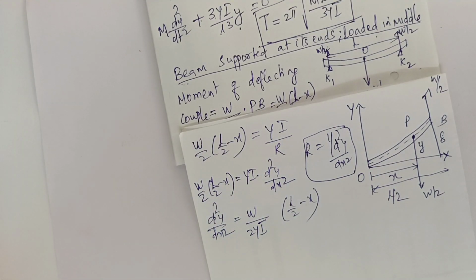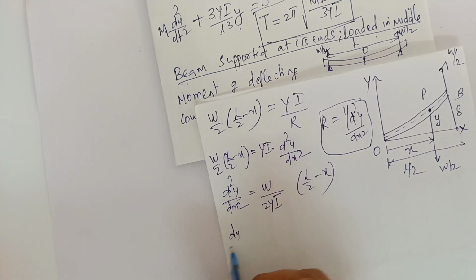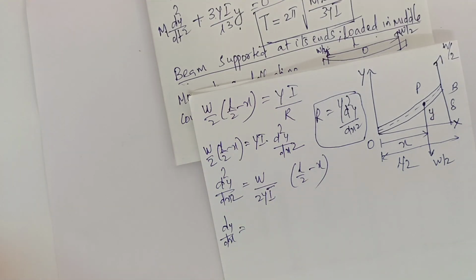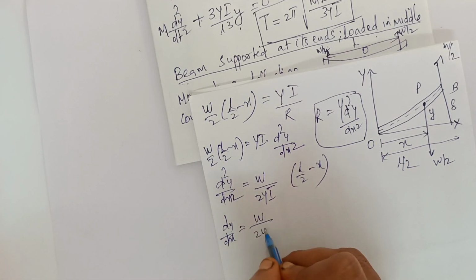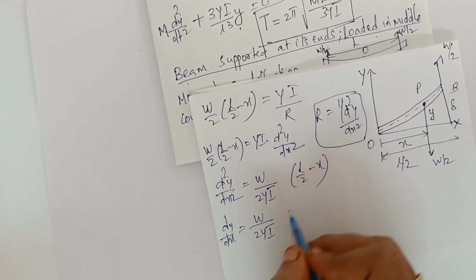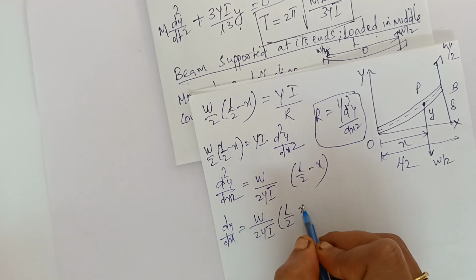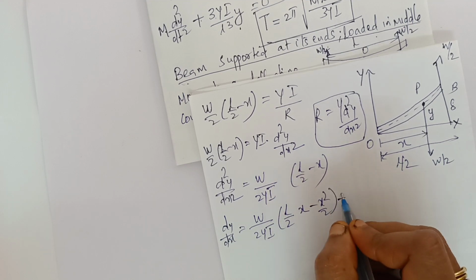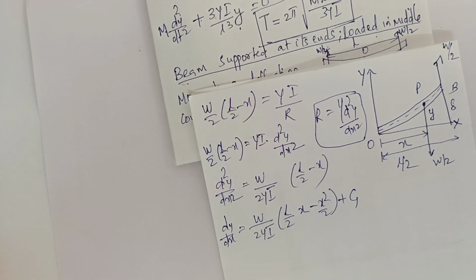Okay, so on integrating what we will get? dy/dx is equal to W/2YI times the integral of (L/2 minus x) dx, which gives L/2 x minus x²/2 plus a constant c1.